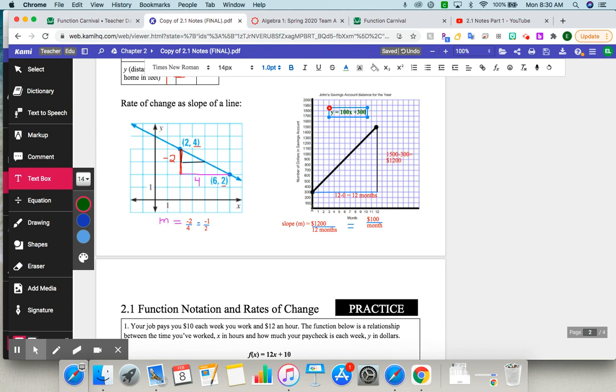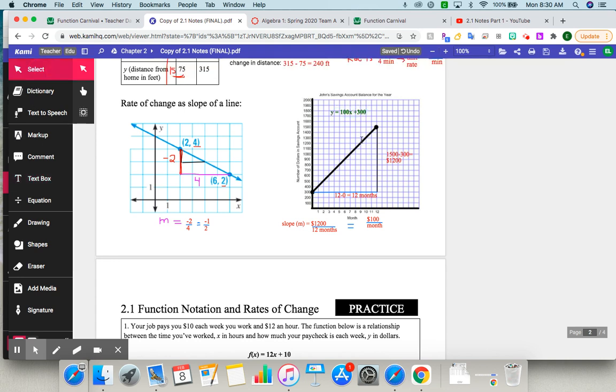So instead of starting at 0, 0, it must start at 300, hence the addition of 300. And then what you actually do when it comes to the function of a line is multiply your rate of change by your input. And again, we will talk about that a little bit more in depth in future sections.